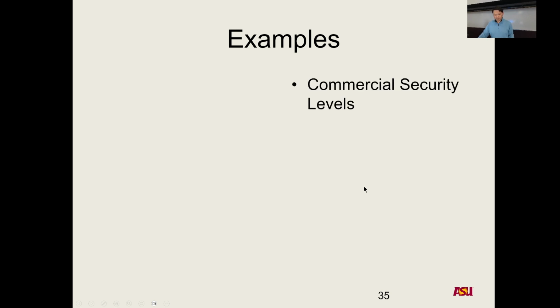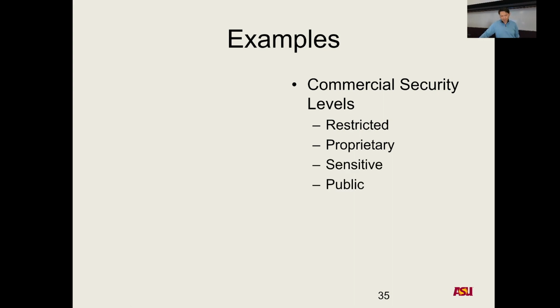Okay, let's see an example. In the commercial sector, the security levels are restricted, top priority, and proprietary, and then sensitive, and public. Okay, so public is not secured, not classified. How about the military security levels?